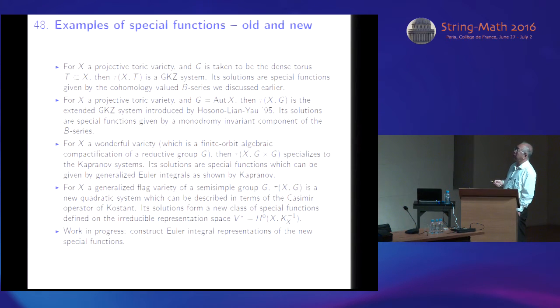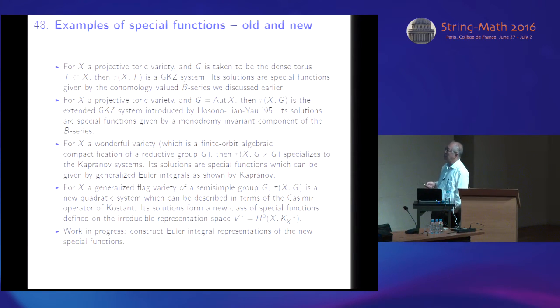So for a projective toric variety, G is taken to be the dense orbit. Then we just see that we reduce to the special functions given by the cohomology-valued B series that we discussed earlier with Hosono. This is the case we did in 1995 with Hosono and Bong Lian.